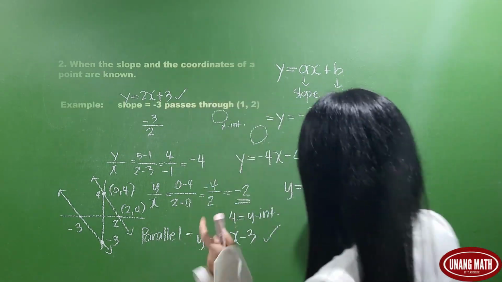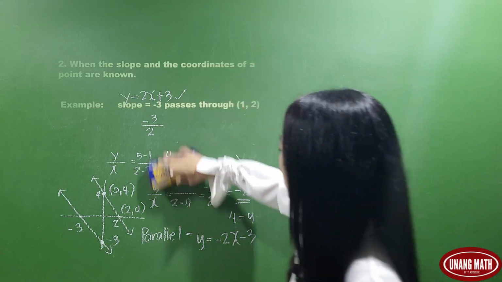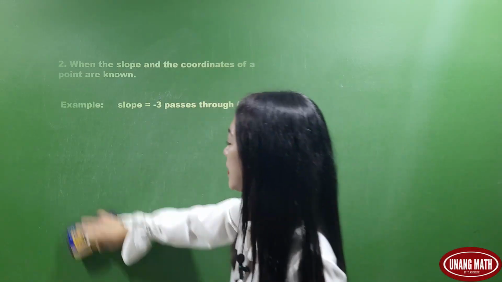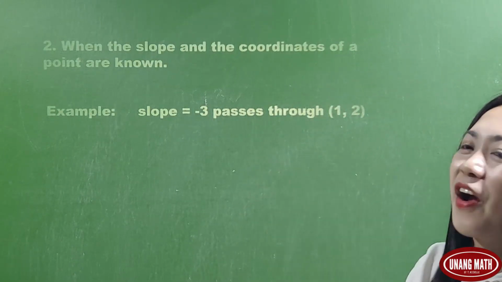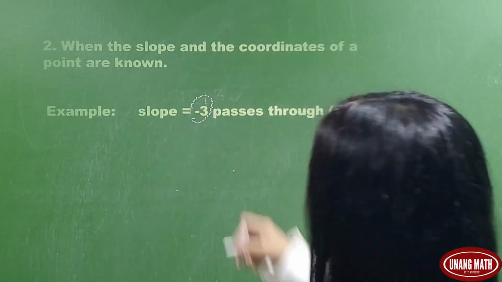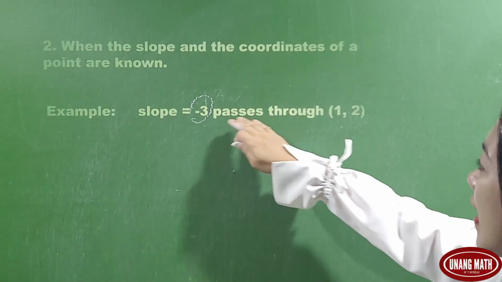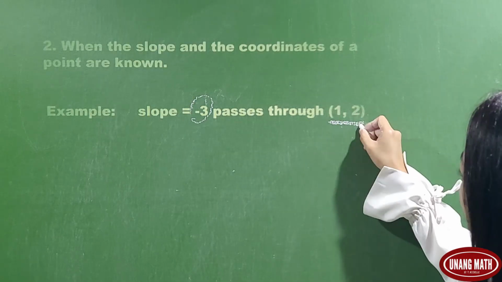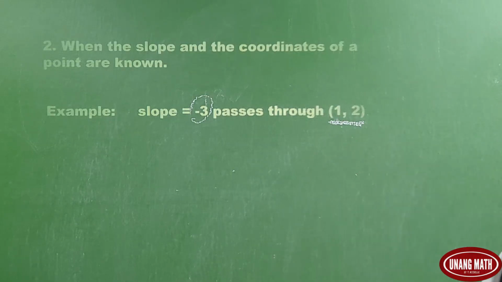Okay. The second way on how to find the equation of a linear function is when the slope is given and the coordinates of a point are known. Okay, let's give an example. The slope is given as negative 3, and we know the coordinates of a point. Let's say this slope negative 3 passes through this point, which has coordinates (1, 2).